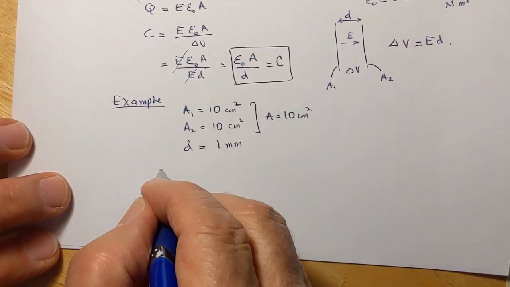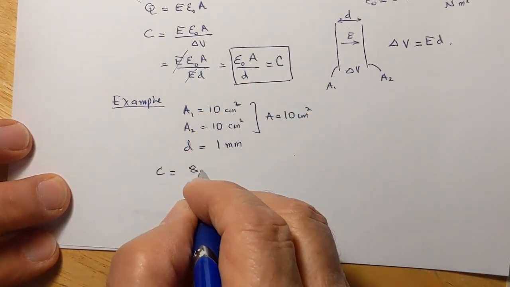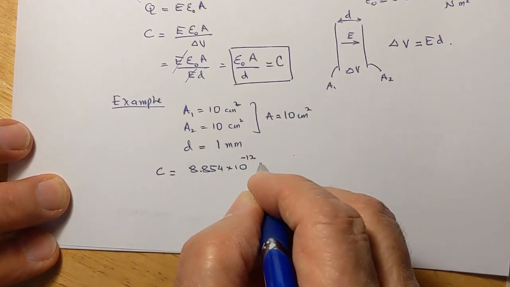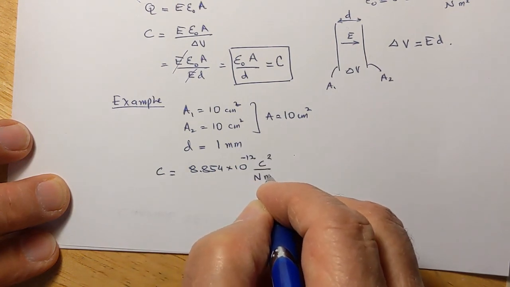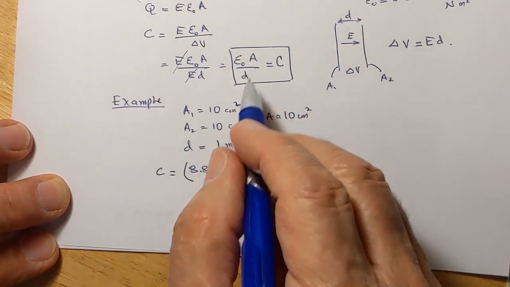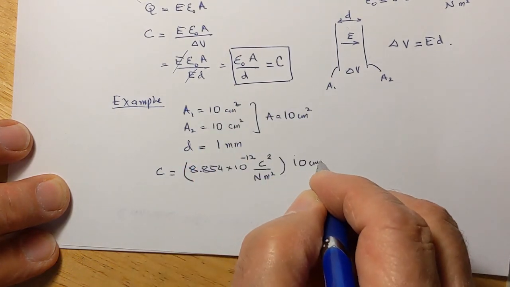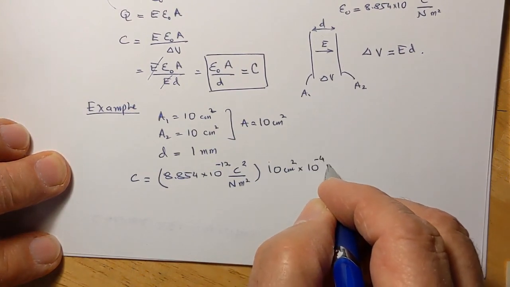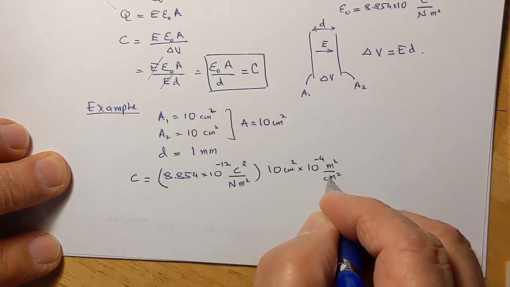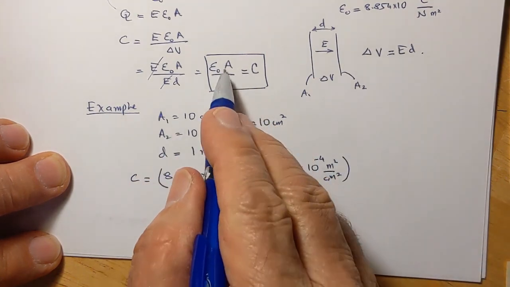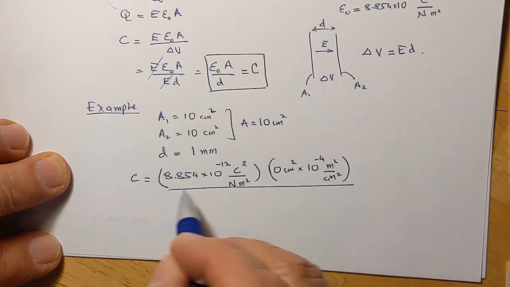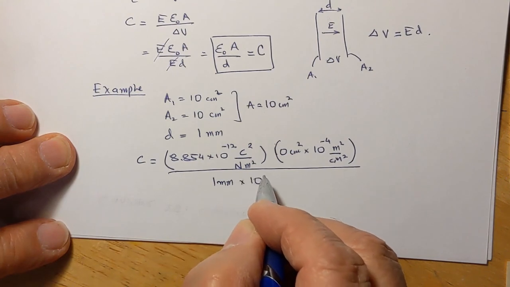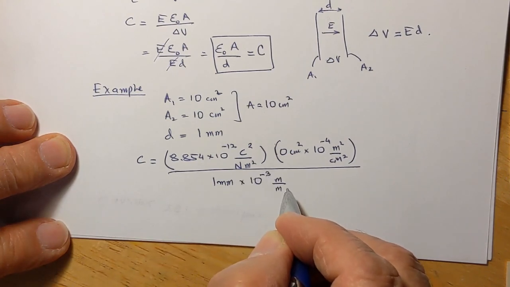So now we plug these in. The capacitance becomes epsilon naught, which is 8.854 times 10 to the power minus 12, coulomb squared over newton meter squared, and then the area, which is 10 centimeters squared, which we convert into meters. So it's 10 to the power minus 4 meters squared per centimeter squared. That becomes the area. I divide by the distance between them, which is 1 millimeter, and we multiply by 10 to the minus 3 meter per millimeter.